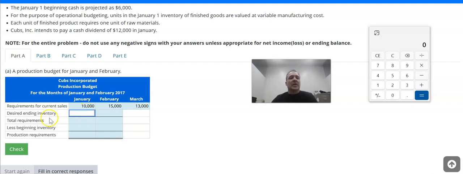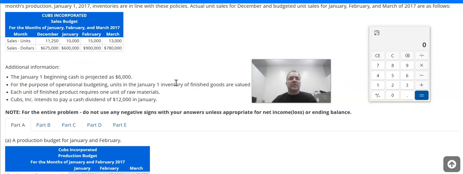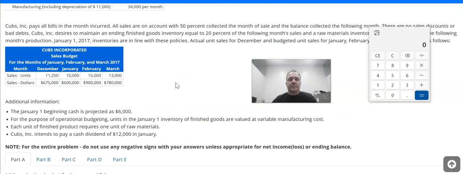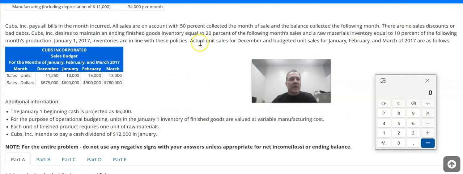What a deal. Desired ending inventory. Okay, this is going to come down to a matter of the company's policy, so we have to find out what that is. And it says ending finished goods inventory. They desire to maintain an ending finished goods inventory equal to 20% of the following month's sales.